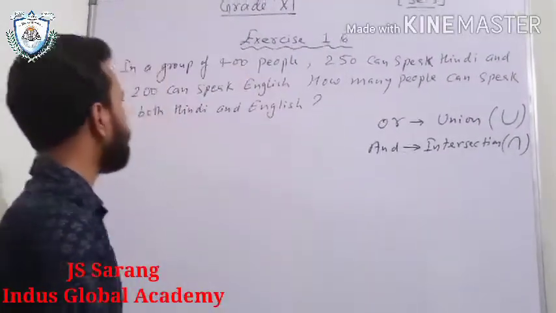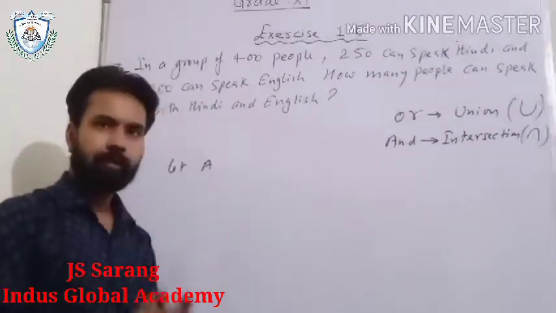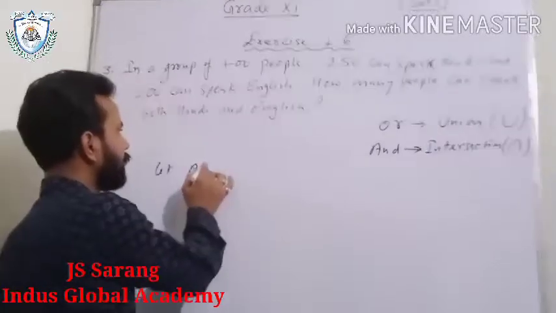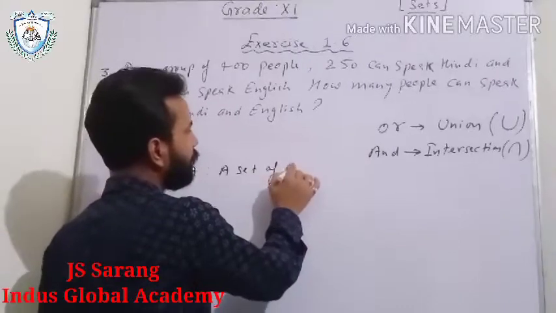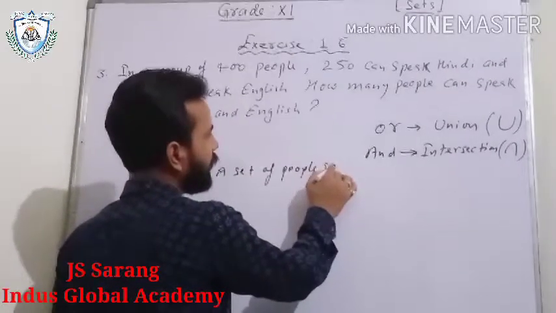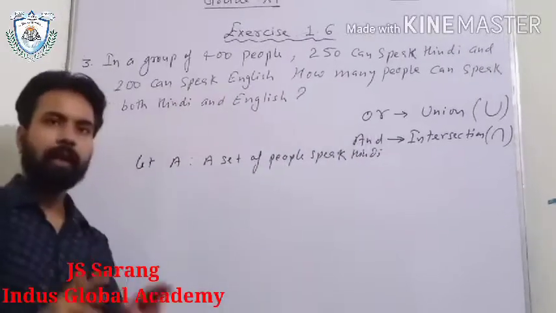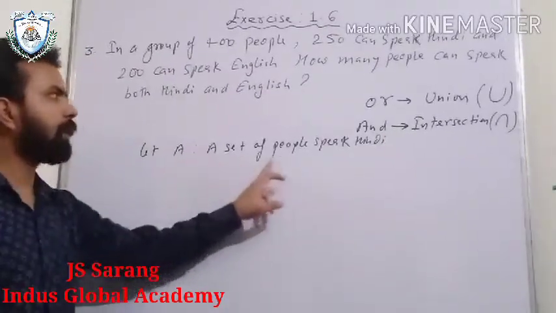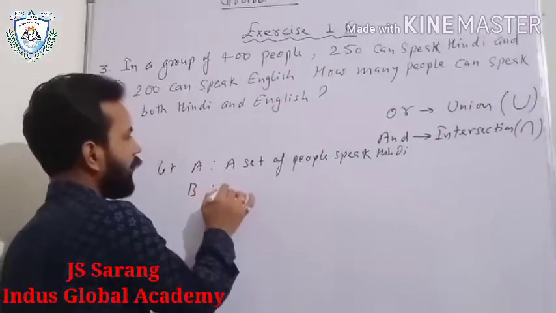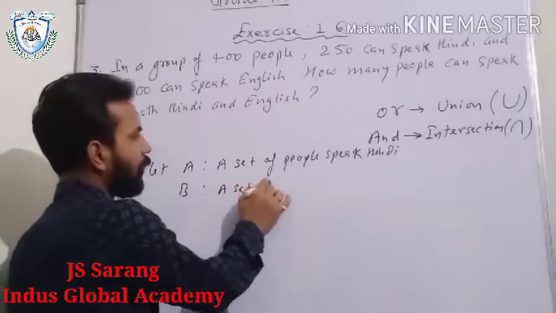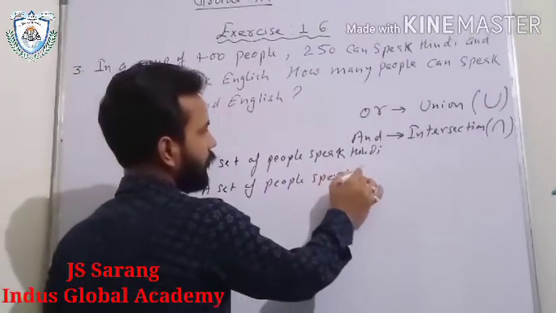So first of all, we will consider, let A be a set of people who speak Hindi, and B be a set of people who speak English.